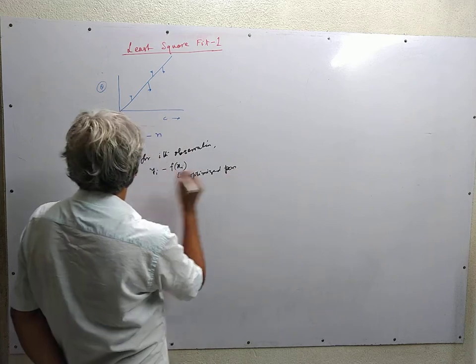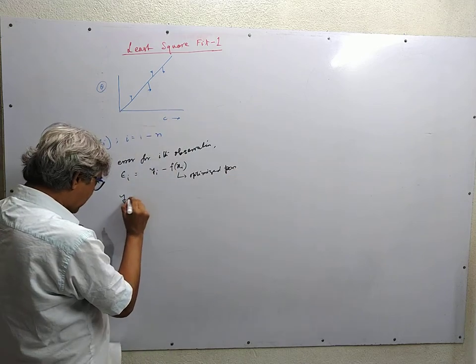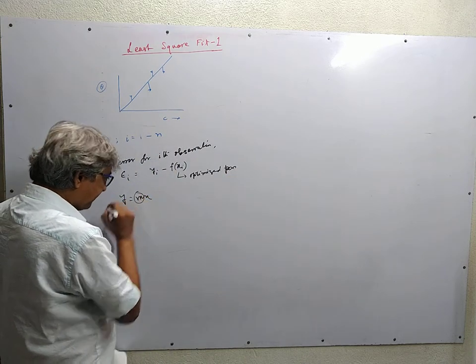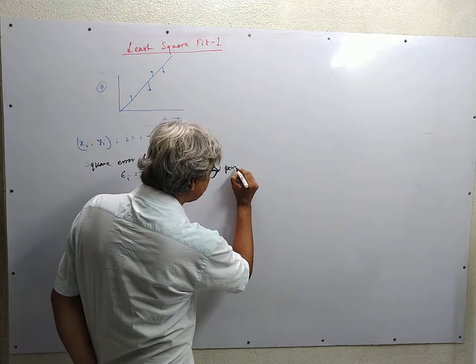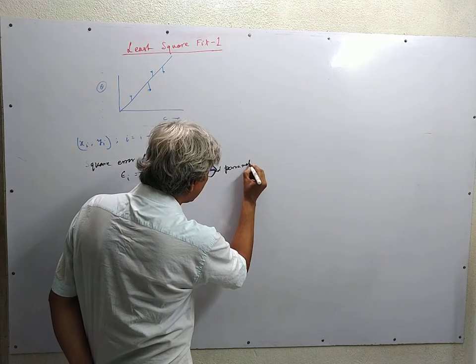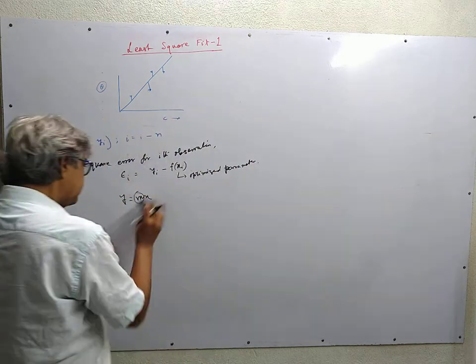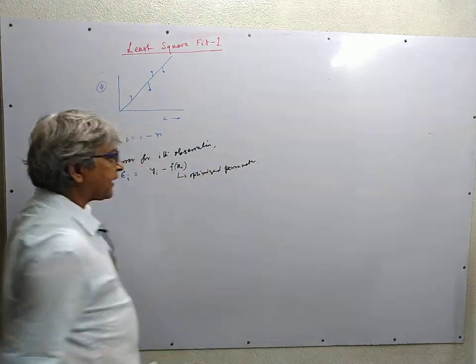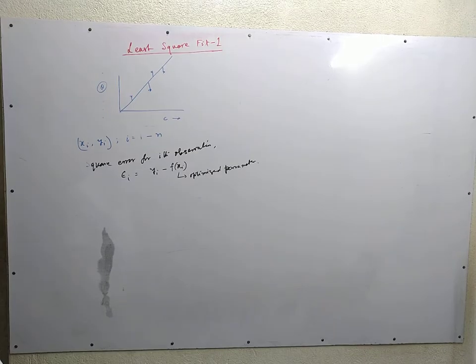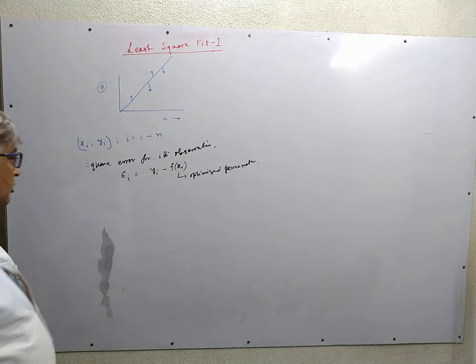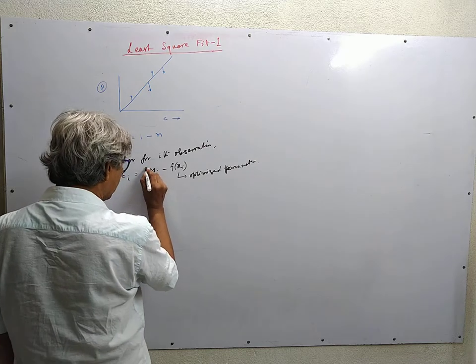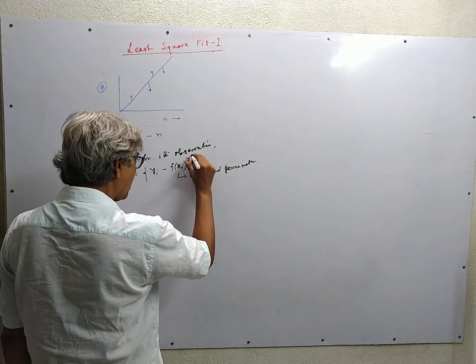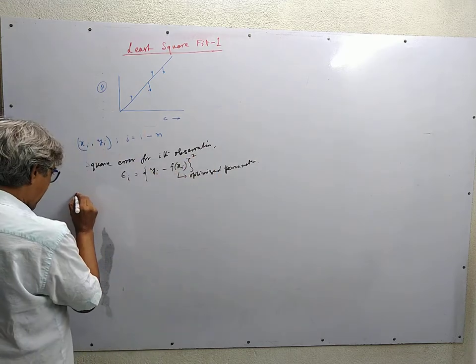By parameter we mean here, in the y equal to mx graph, m is the parameter, the optimized parameter. Now the problem is that we do not know what the optimized parameters are. Still we write it like this, and then we write the sum of square error.